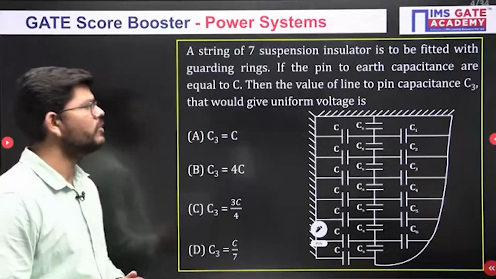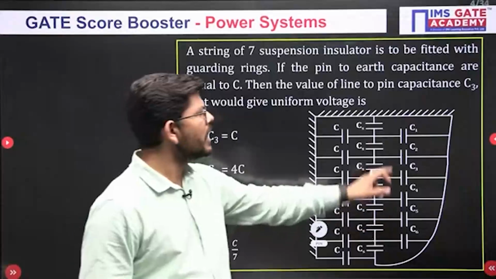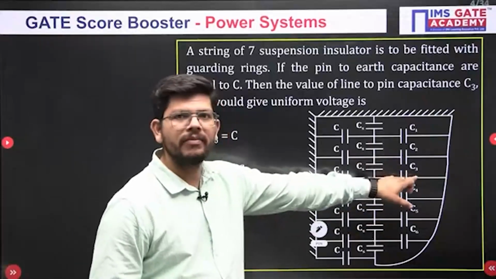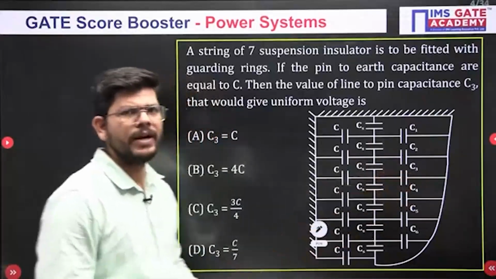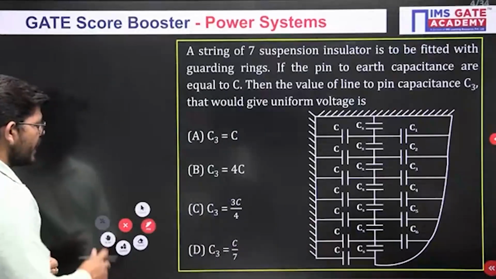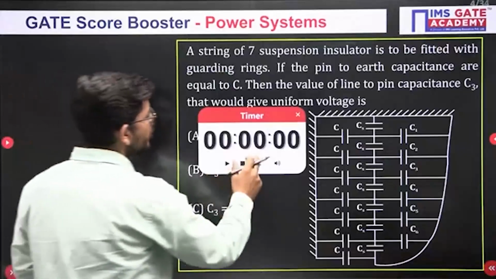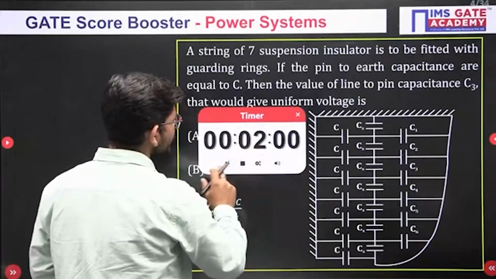Okay. So in order to get the uniform voltage distribution, guard ring is used, and what you have to do, you have to find the value of this capacitance C3. Okay. So let me see whether you can solve this question or not. So let me give you some time, and you can apply your knowledge, what you know about this topic, and then we will discuss the solution of this question.